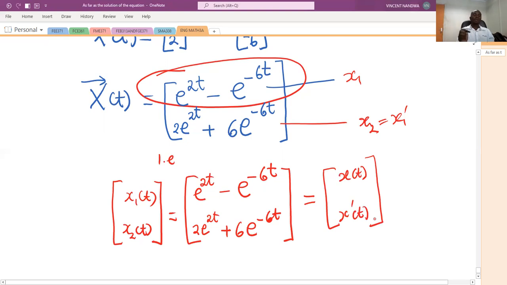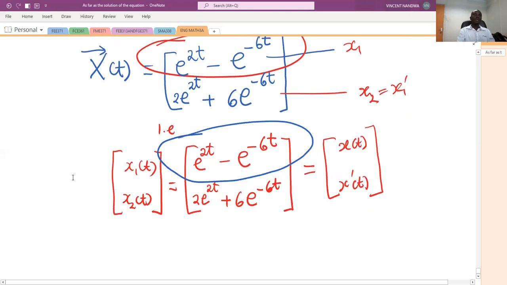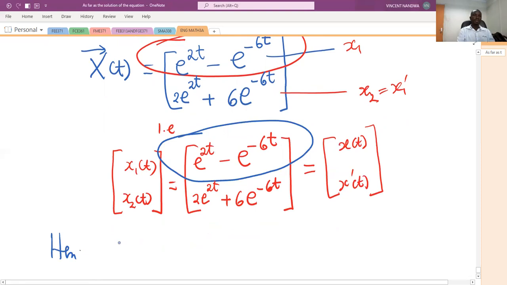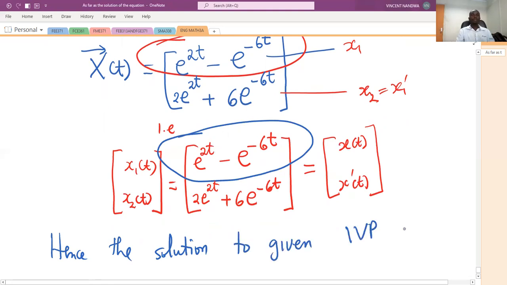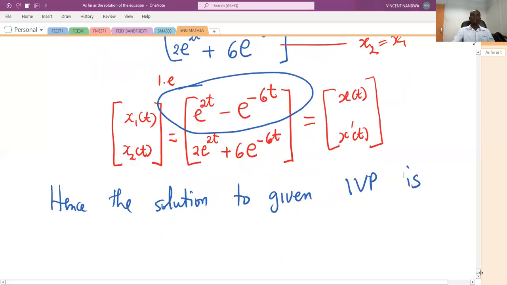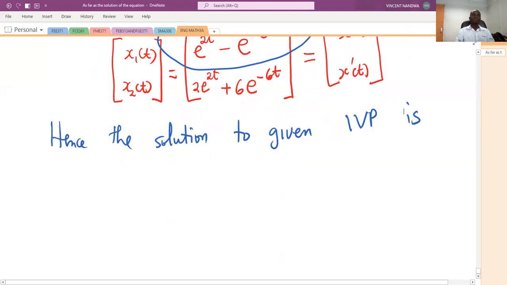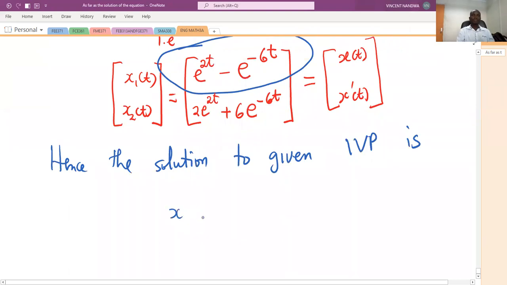So therefore, to pick out the correct solution for the given differential equation, because we're interested in finding the value of x of t, you pick this first row. Hence, the solution to the given initial value problem is x of t equals e raised to the power 2t minus e raised to the power minus 6t.